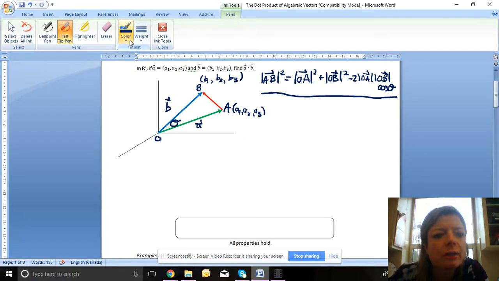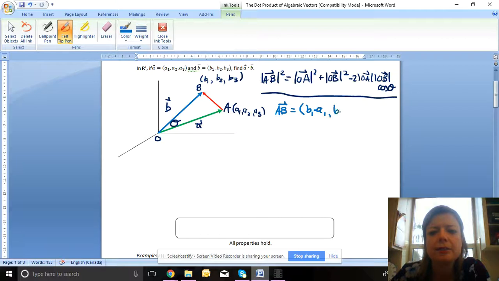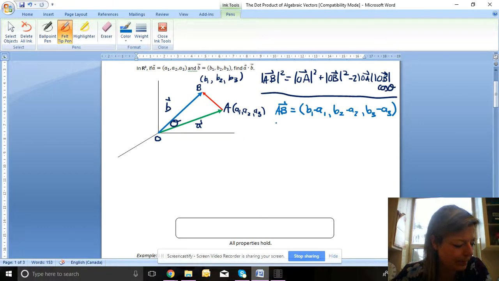Okay, so I'm going to use some color to kind of separate the ideas for you. Hopefully that helps. The vector AB can be represented as B1 minus A1, B2 minus A2, and B3 minus A3, based on what we learned last chapter.